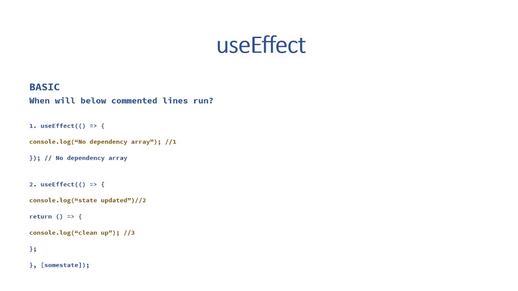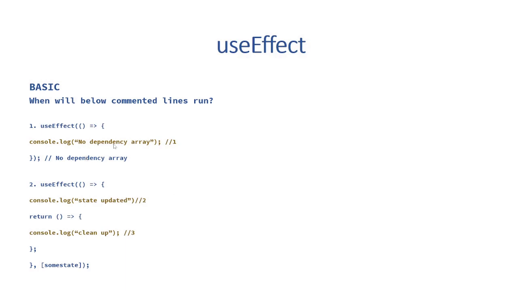Let's discuss the question that I asked related to the useEffect hook. This is a basic one. In the slide, you can see two useEffects, right? One with no dependency array and one with a dependency array, which is containing some state. Now the question is, these three console logs in the first and the second useEffect, when will they be printed?